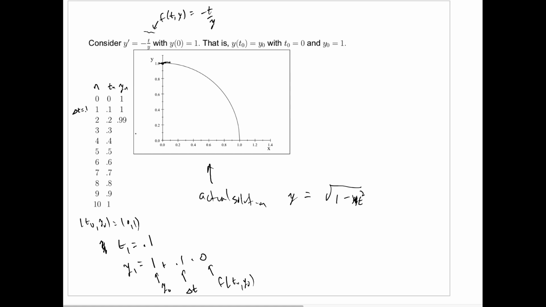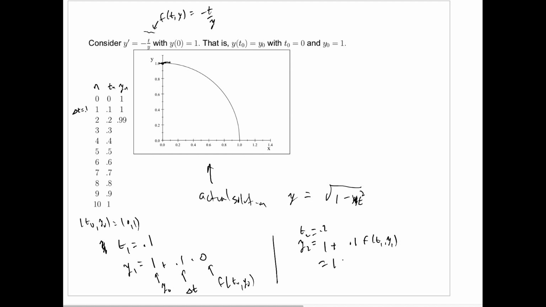As we move to our second point, I'll show the computation here. y2, just as before, t2, as I already said, is 0.2. y2 is going to be y1, which is 1, and now we're going to add to that our increment 0.1, that's our delta t, times f of t1, y1.